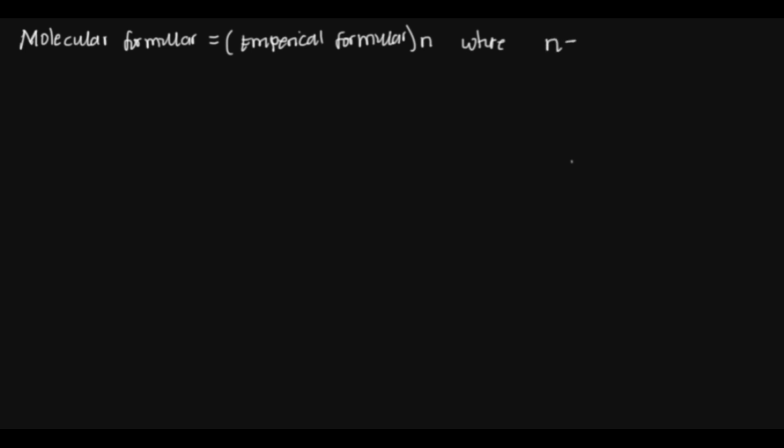So the formula is, if we want to find the molecular formula, it is equal to the empirical formula, then multiply by n, where n can be found by dividing the relative empirical formula mass into the relative molecular mass.